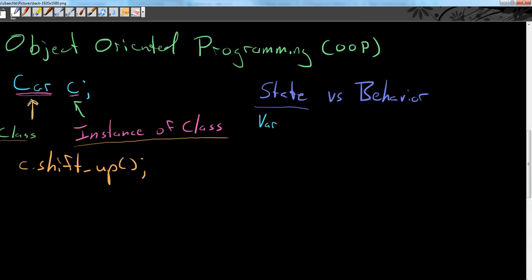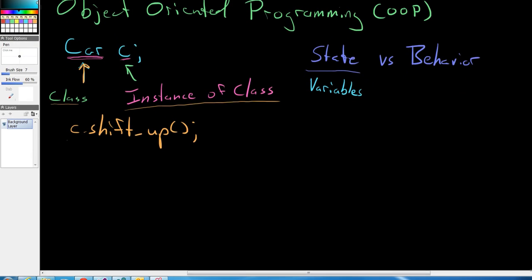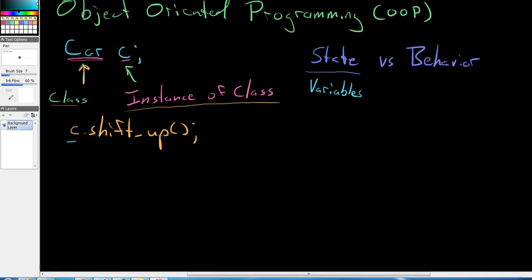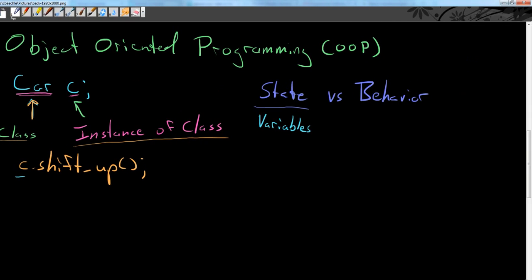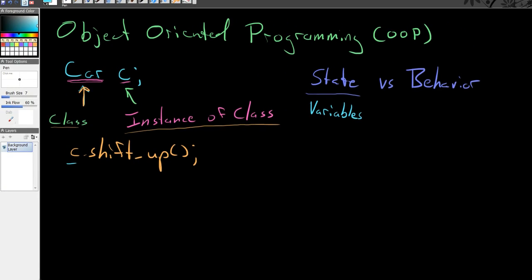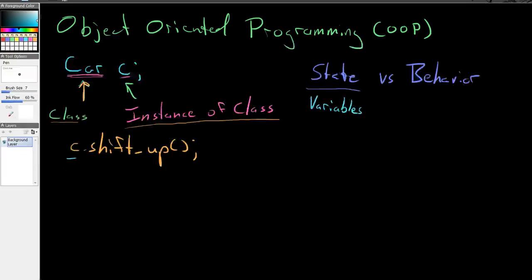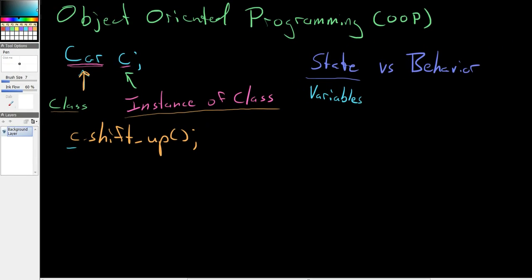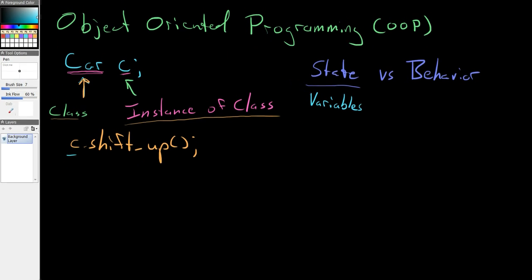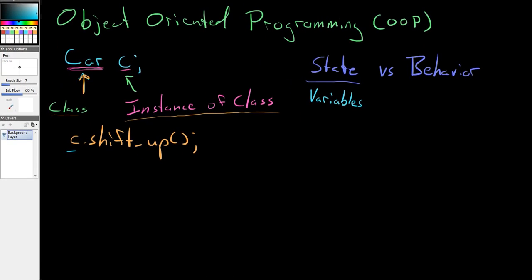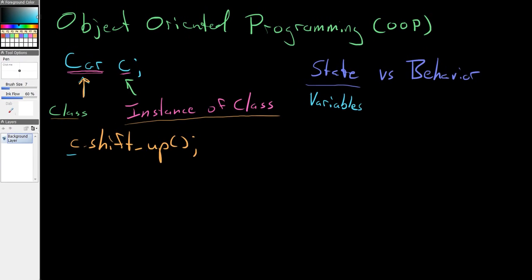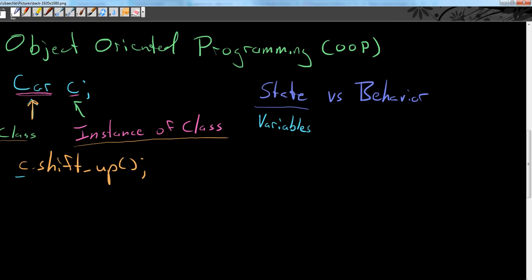So say we've got our car C, and one of its variables was the gear. We shift the gear up. We've changed the state. We've modified one of its variables, and so now if we were to check the state of it, it's not the same state as it was. It initially started off at gear 0, and then at this point it has a new state because we've changed the state. It's now in gear 1.